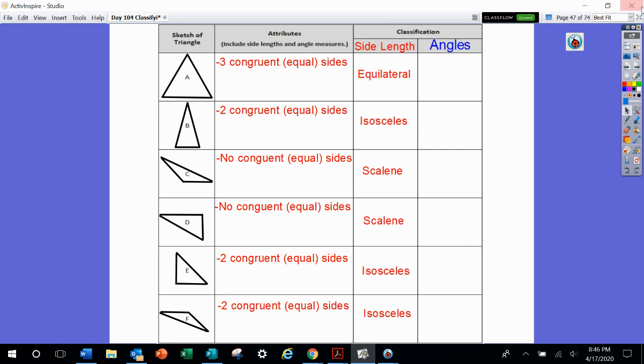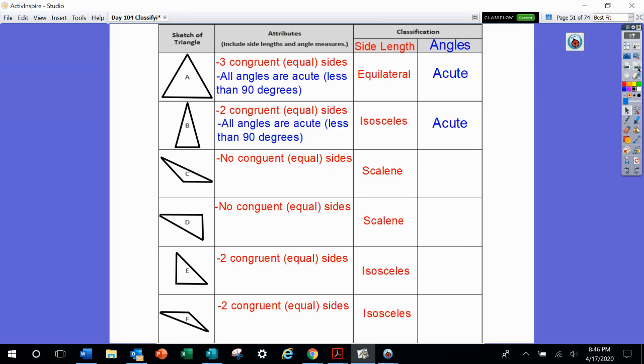So triangle A, based on its angles, is an acute triangle. All angles are acute, meaning all angles are less than 90 degrees. Triangle B was an acute triangle because all of its angles were acute. All of its angles were less than 90 degrees. Triangle C was an obtuse triangle because one angle is obtuse, or greater than 90 degrees.